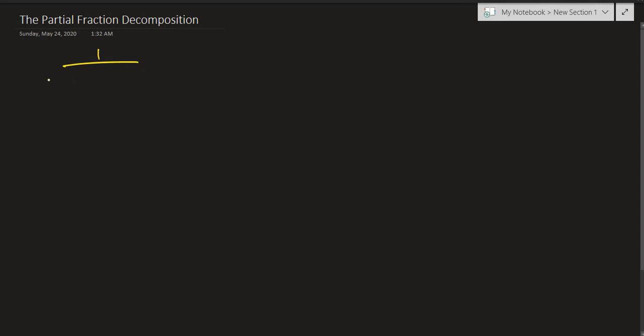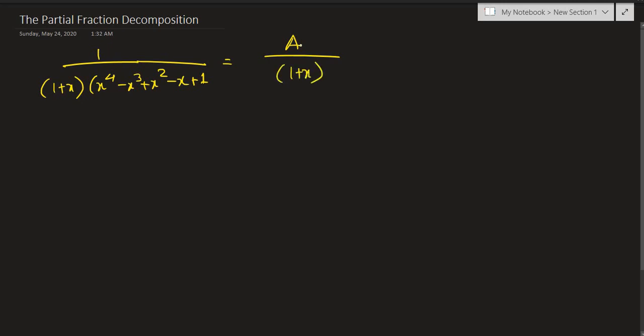We had 1 over 1 plus x times x to the fourth minus x cubed plus x squared minus x plus 1. I want to write this as A, because we have a linear term as the first factor. The numerator has to always be a degree less than the denominator.